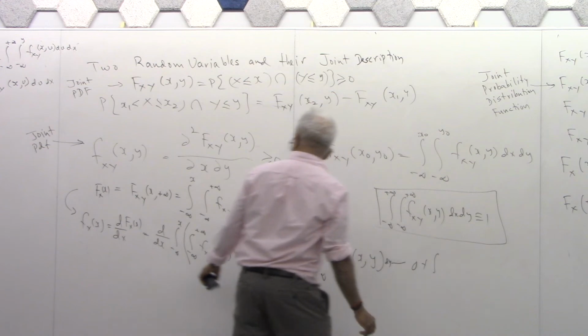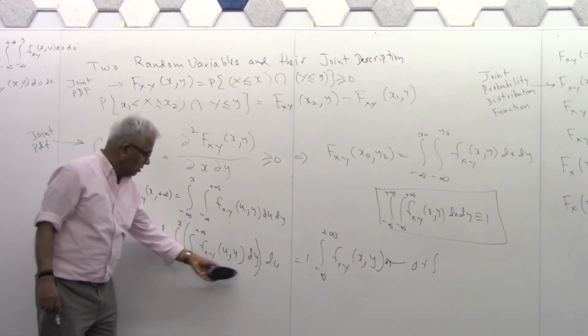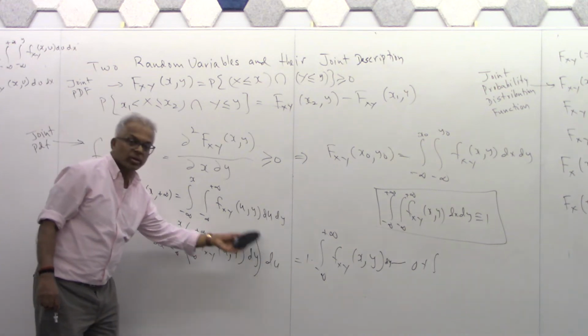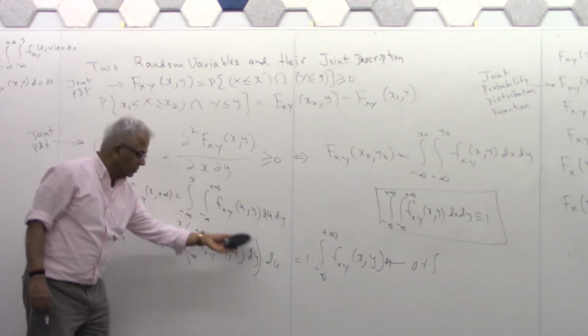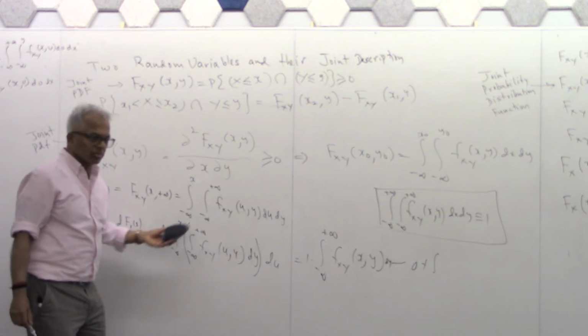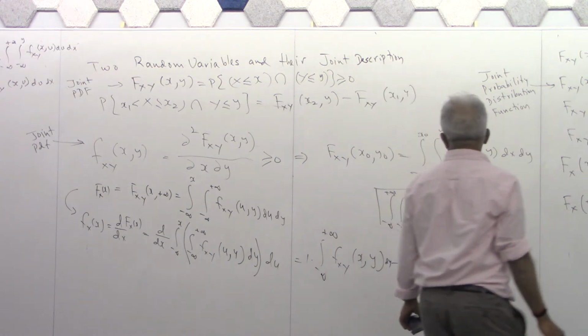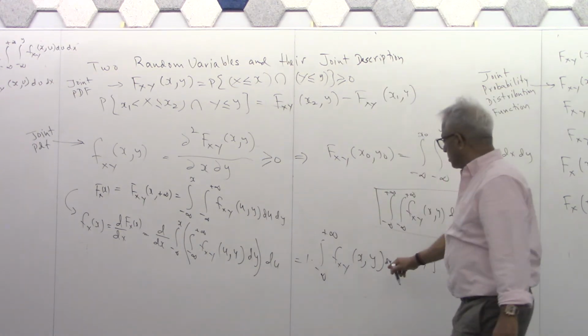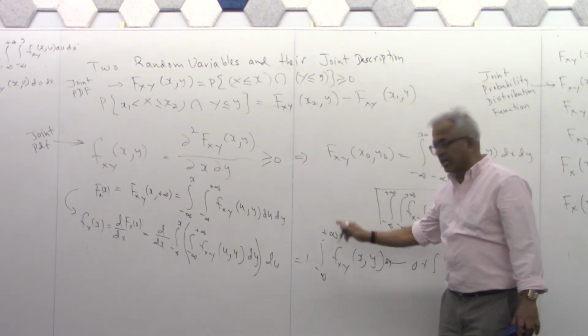The third is the derivative of the inside quantity with respect to x. What's the derivative of this with respect to x? Look at that. There is no x there, so it is 0. So the answer is quite simple. The answer turns out to be simply, we just take the density function and integrate out y.